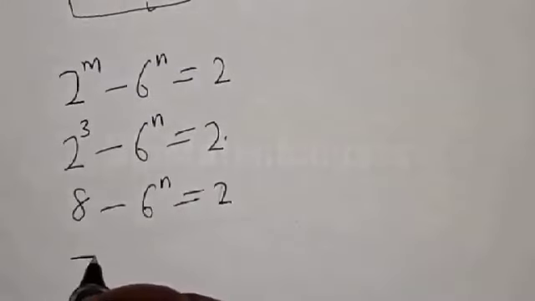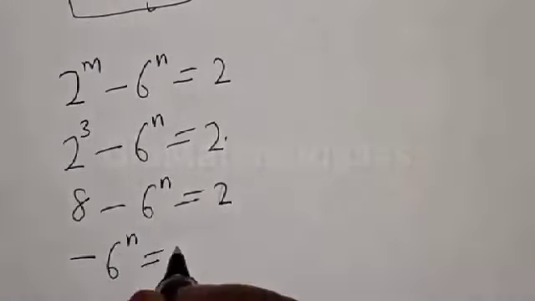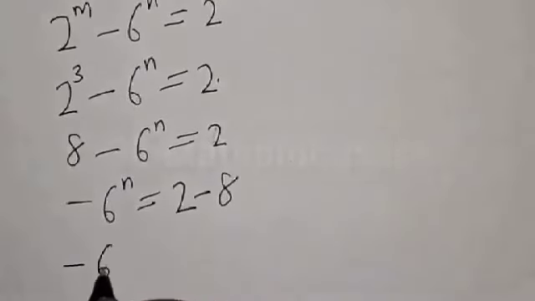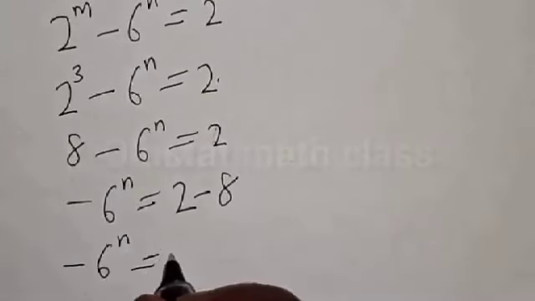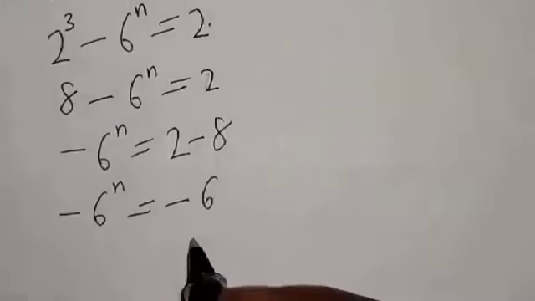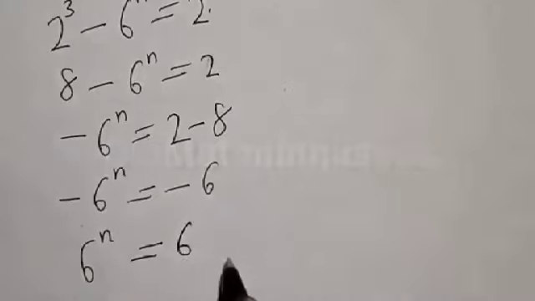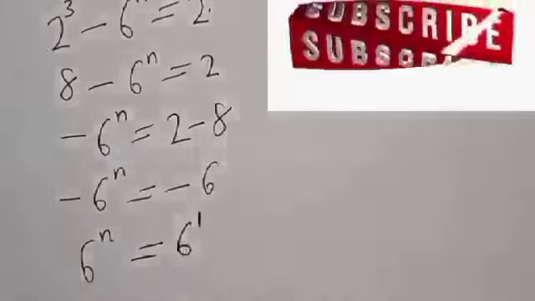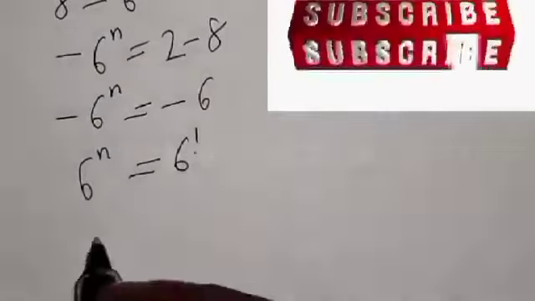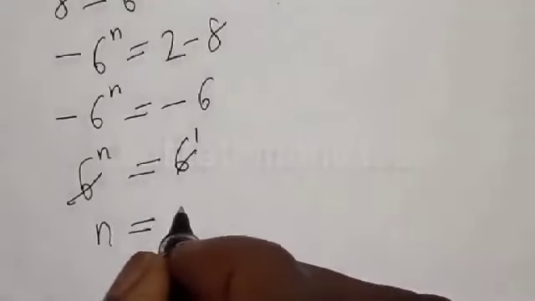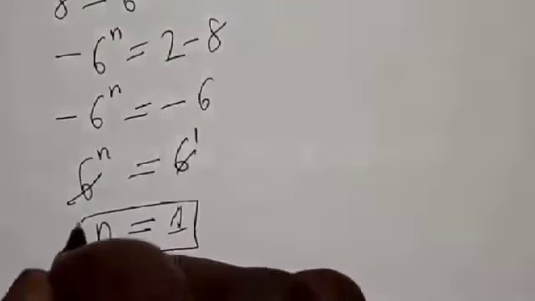Then minus 6^n is equal to 2 minus 8, which is minus 6. Then 6^n is equal to 6, the same thing as 6^1. They have the same base, so n is equal to 1.